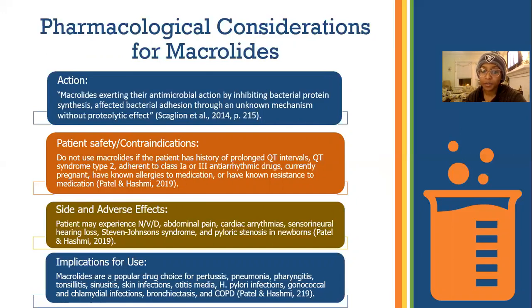Some indications for use for this class of drugs include pharyngitis, pneumonia, whooping cough, gonorrheal infections, chlamydial infections, COPD, and some skin infections as well. So it has a broad use, which is good.